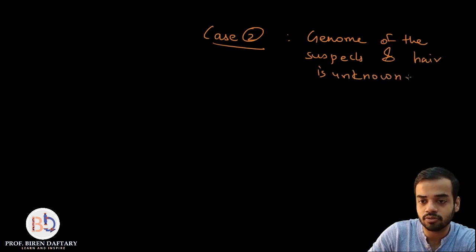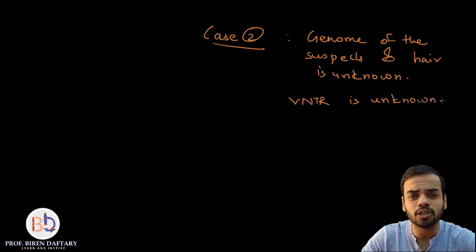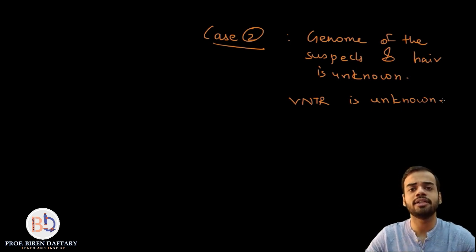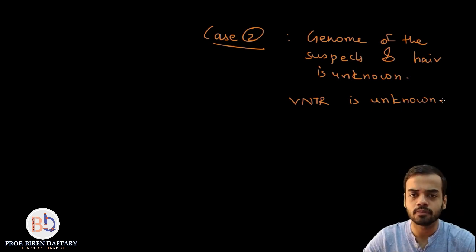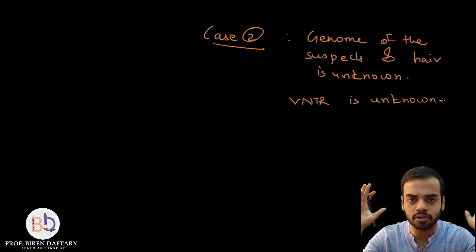And since this is unknown, that means the VNTR is unknown. So you don't know what the VNTR is. So now how will you design the probe? Take any random probe. For example, let me take the probe GAA, any probe that you want.